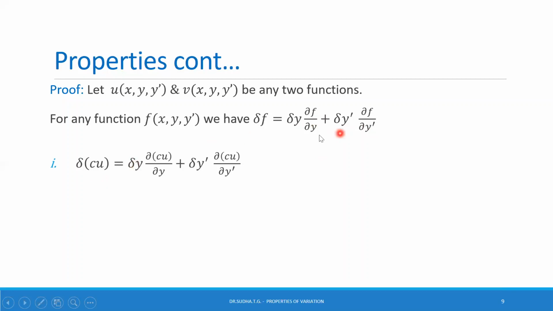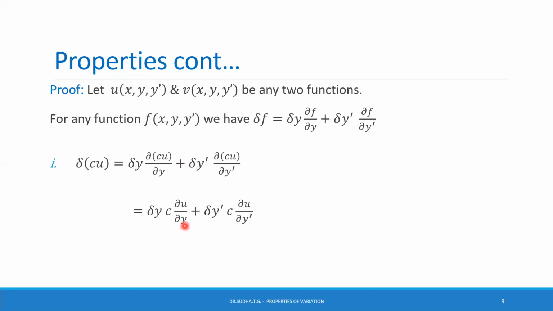Using this expression for variation of f, we can write variation of Cu just by replacing f by C into U. So you get delta y into dou y of Cu plus delta y dash into dou y dash of C into U. Here we know that C is a constant, so it can be removed outside the differentiation, and we can write delta y into C into dou u by dou y plus delta y dash into C into dou u by dou y dash.